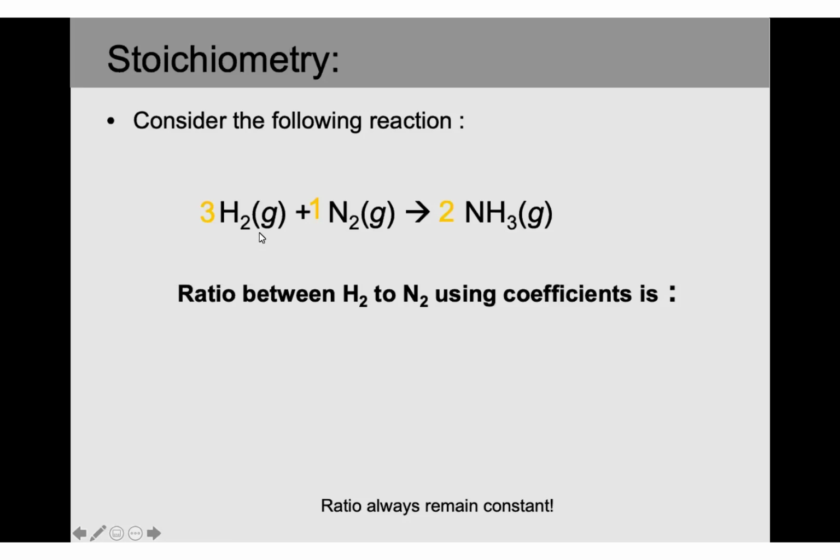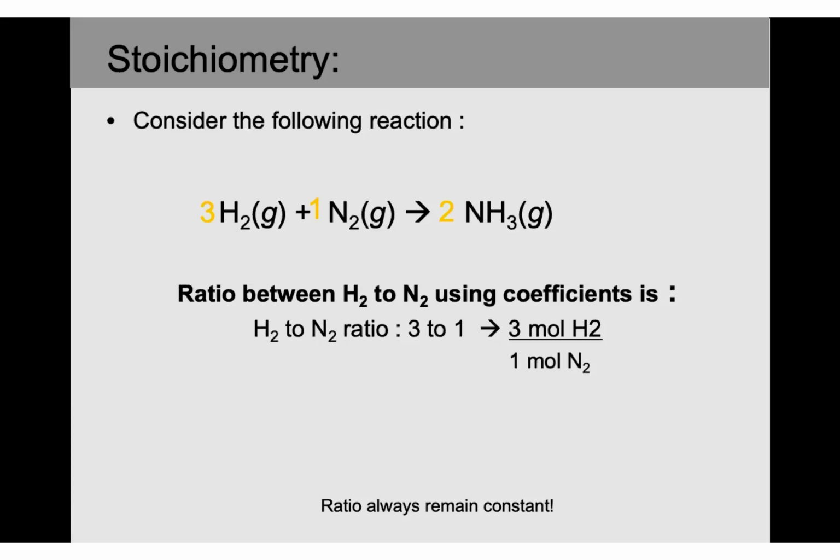So whenever we relate the compounds in a chemical reaction, we use coefficients. The coefficient for H2 here is 3 and for N2 is 1, so the ratio is 3 to 1.